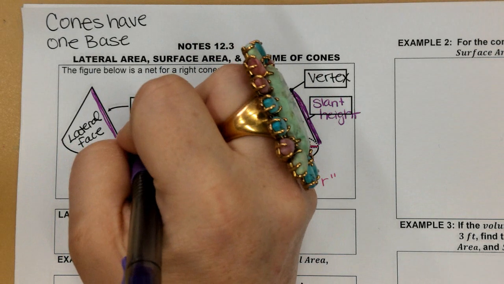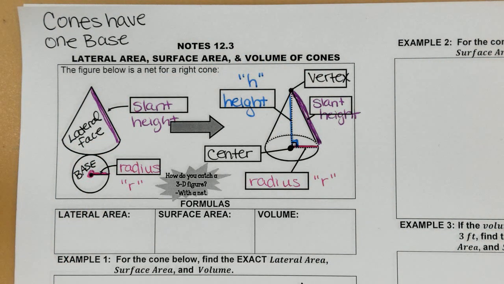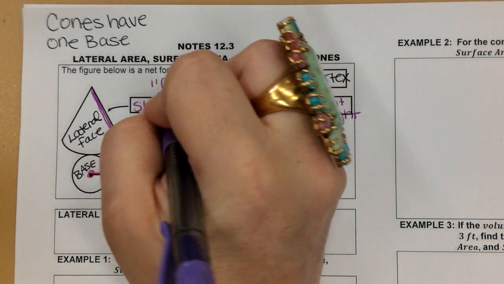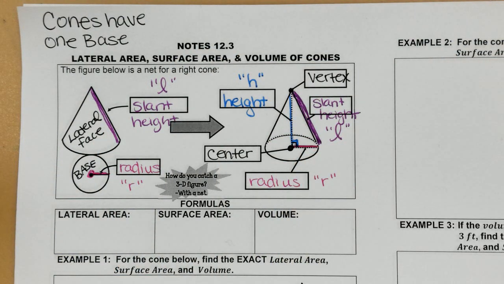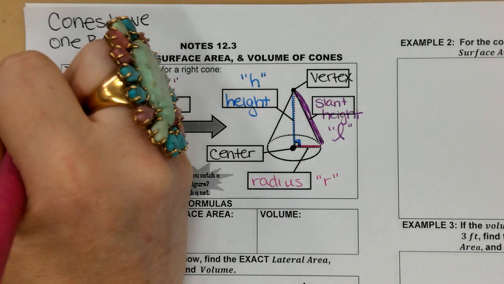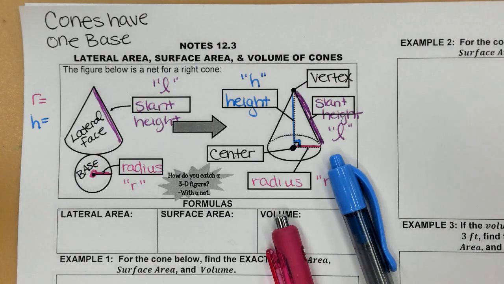For whatever reason, they determined the letter for slant height is L. So we have three variables that we're going to be solving for: our radius, our height, and our slant height.